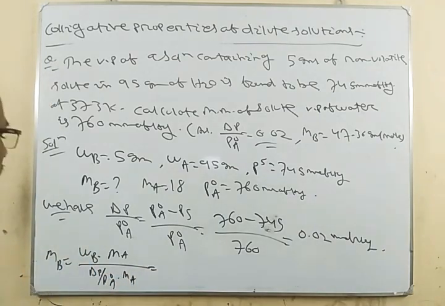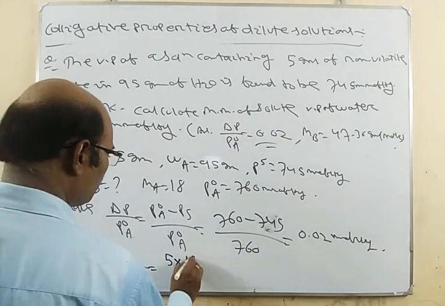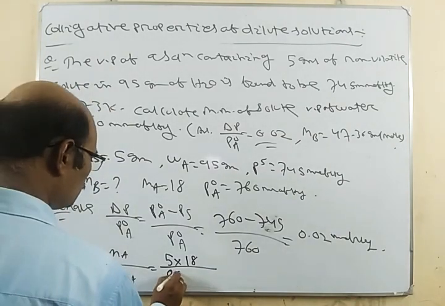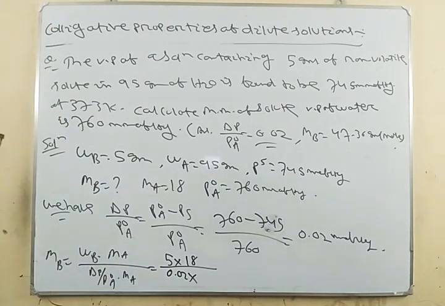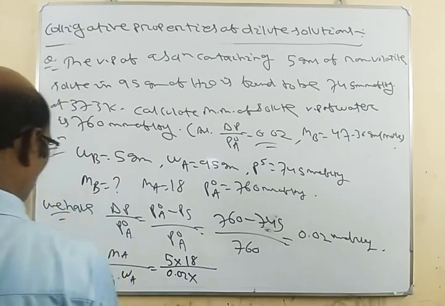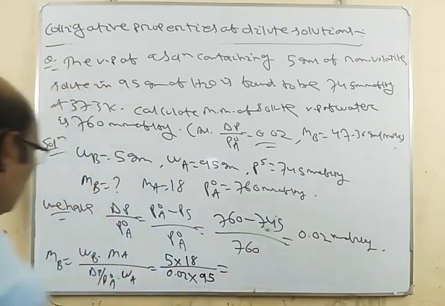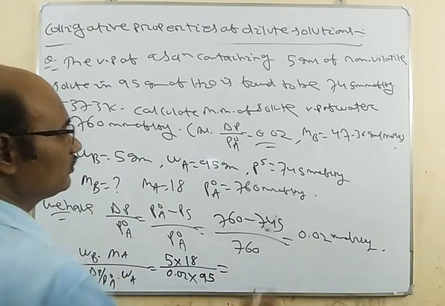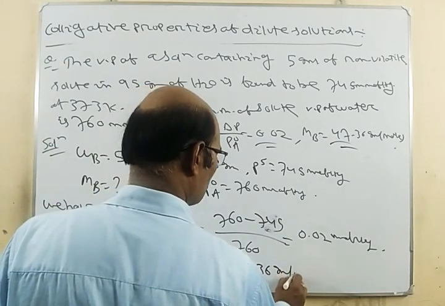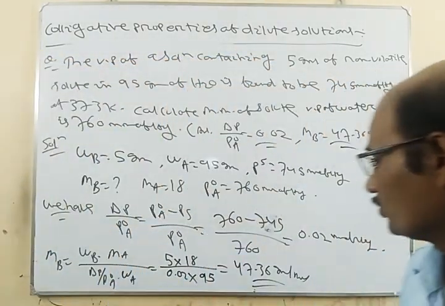So WB is 5, into MA which is 18, divided by delta P by PA naught which is 0.02, into WA which is 95. So this equals 47.3 gram per mole. So this is about the lowering of vapor pressure numerical.